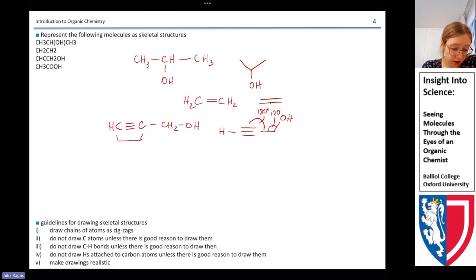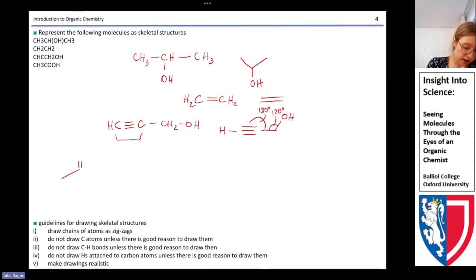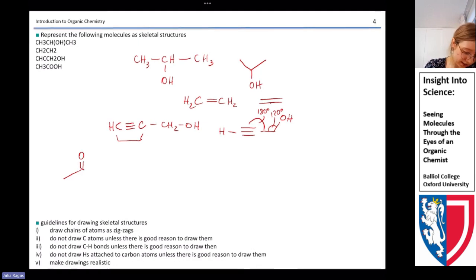Now, with the last molecule, it's CH3COOH, which is in fact acetic acid, which you can find in your kitchen cupboard as vinegar. And in here we've got a CH3, so we start with one line and then COOH, which is a moiety that's standard for a carboxylic acid.